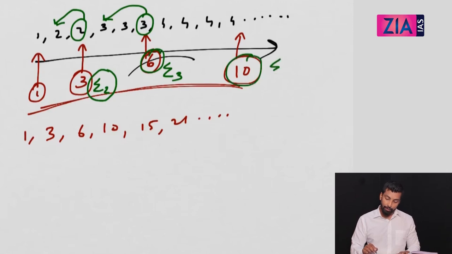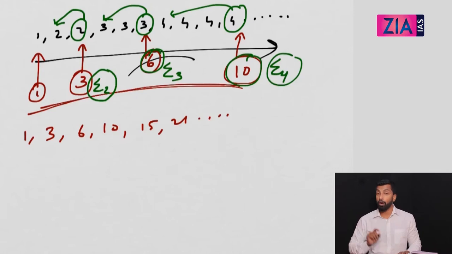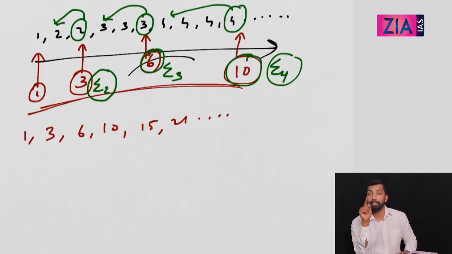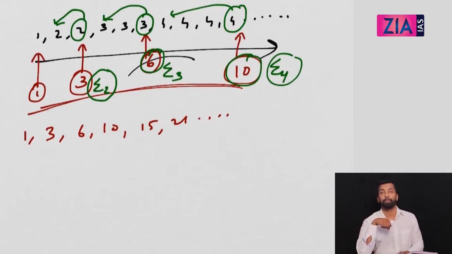This is sigma 4, so the 10th term is 4 and the previous 4 terms are 4. What about the 15th term? 15 is sigma 5, so it will be 5, and the previous 5 will be 5. So the 11th, 12th, 13th, 14th, 15th terms will be 5. The 16th to 21st terms will be 6, because sigma 6 is 21. Sigma 7 is 28, so the 22nd, 23rd, 24th, 25th, 26th, 27th, 28th terms will be 7.